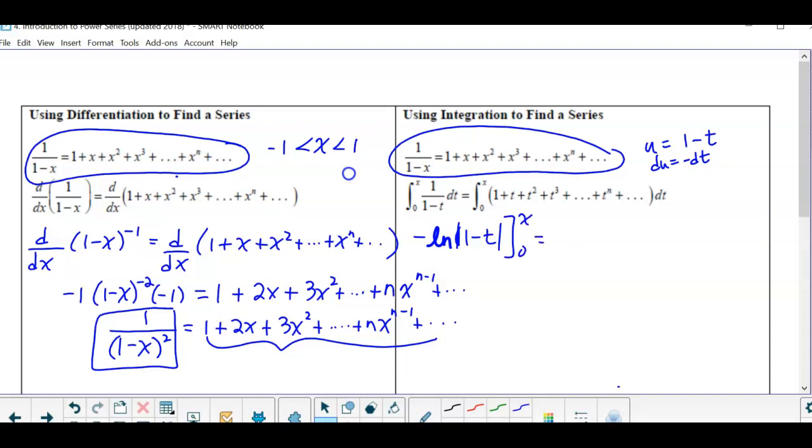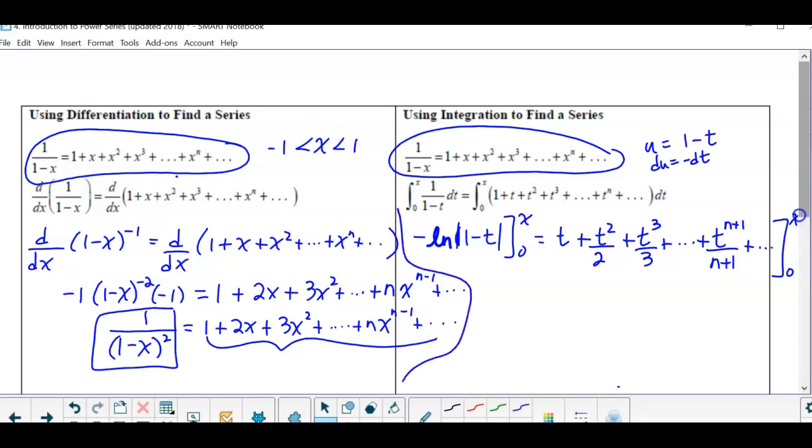Integrate each term here. That's going to be t plus t squared over 2 plus t cubed over 3 plus t to the n plus 1 over n plus 1, and then from 0 to x. Substituting in here, negative. Now, x is going to be bigger than 0, so we need the absolute values.